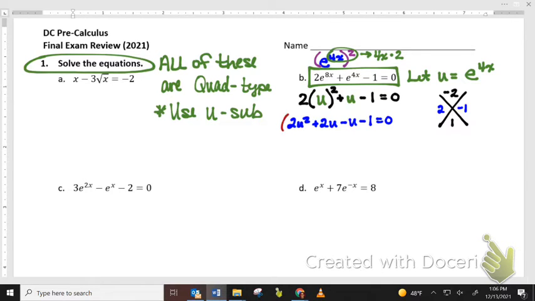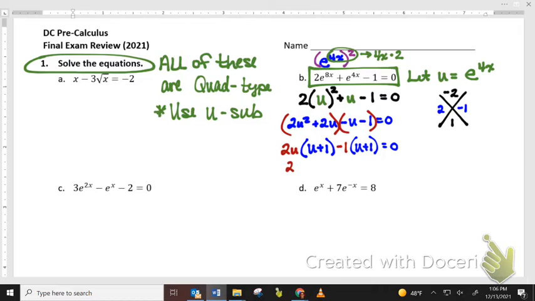I'm going to set up my groups. What can I take out of my first group? 2u. What would that leave me with? u plus 1. What can I take out of my second group? -1. And that would leave me with u plus 1 equals 0.